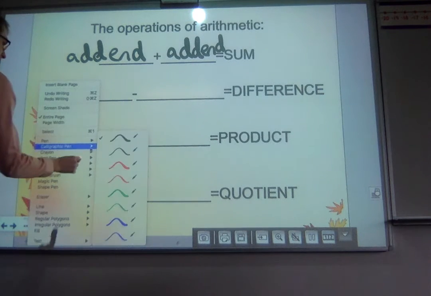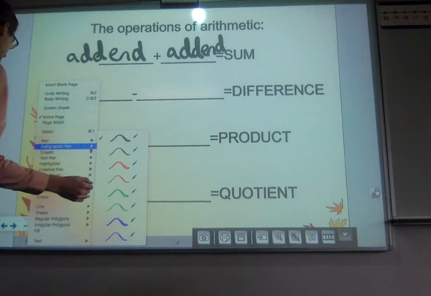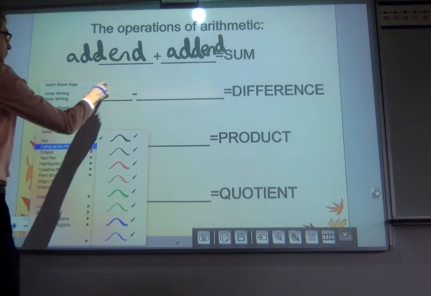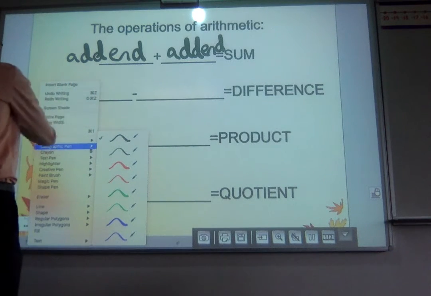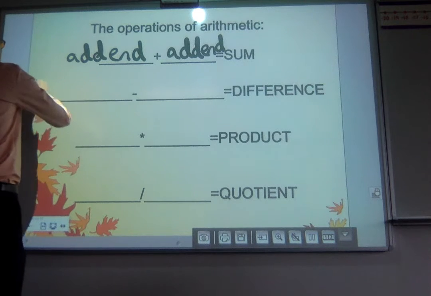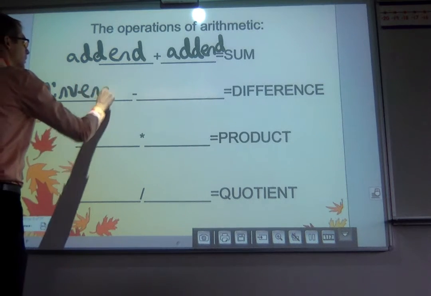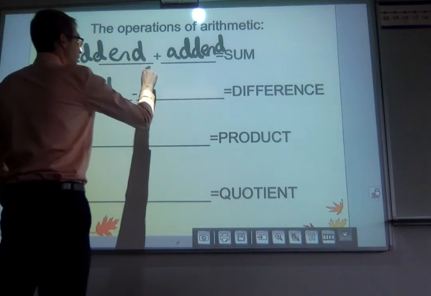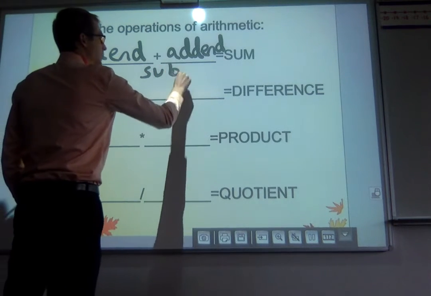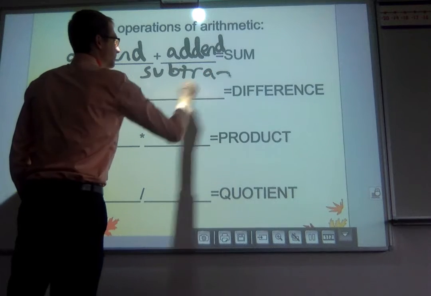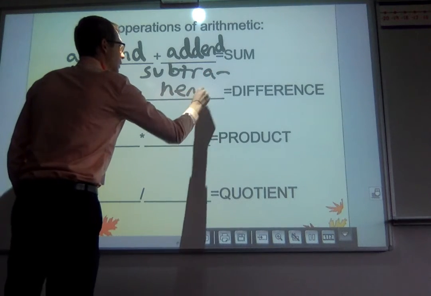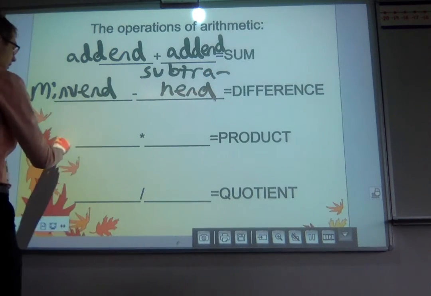All right, so next, looking at the difference. Here we're going to have the minuend. Let me click off to the side. All right, so we're going to have our minuend minus our subtrahend. It's one word, I just need to break it up. Equals our difference.